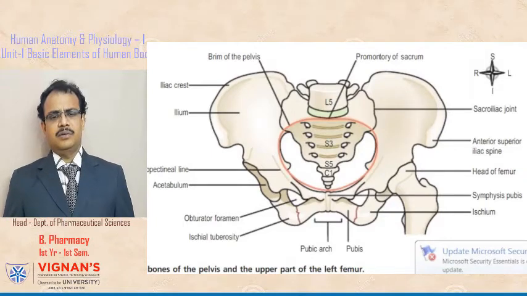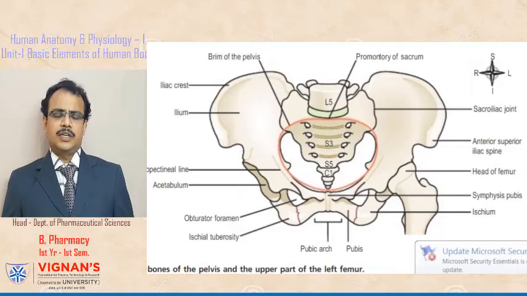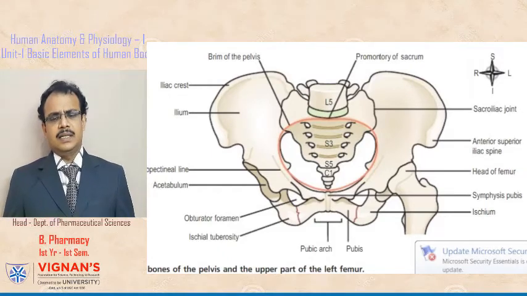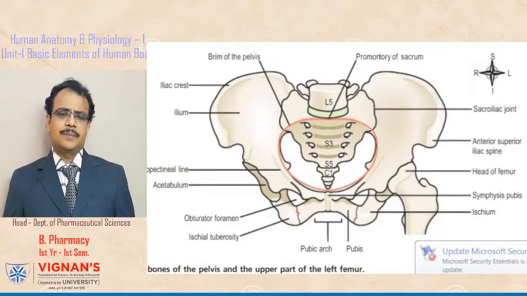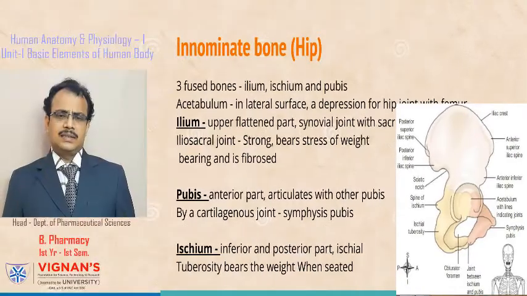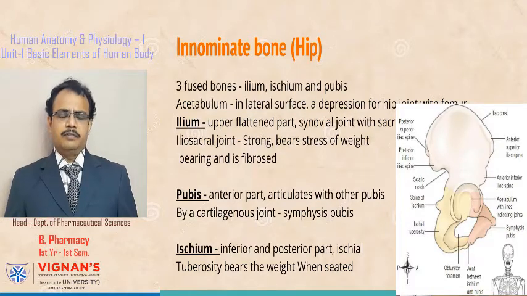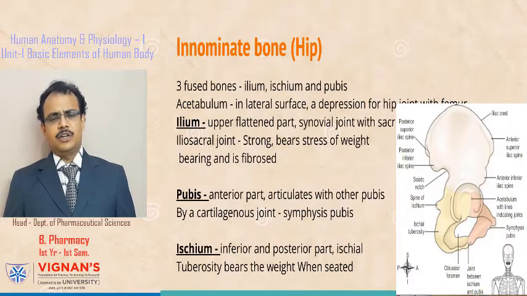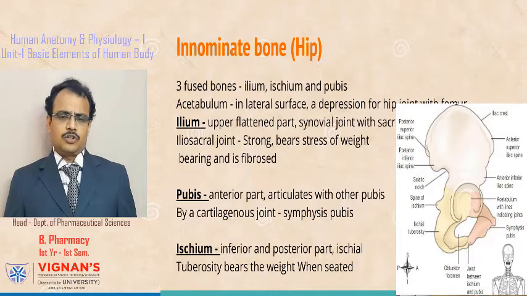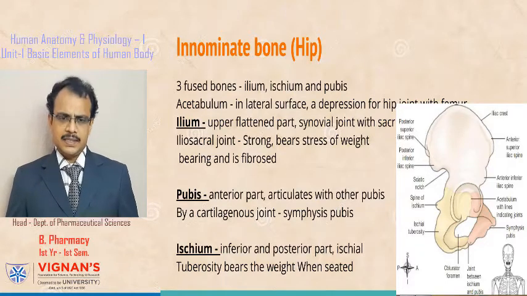Now let's see the features of this innominate bone. We have seen that there are 2 innominate bones, also called hip bones, and these innominate bones are fused with the sacrum to form the sacroiliac joint, which is a type of synovial joint, and it is strong and bears most of the weight of the body, especially when seated.